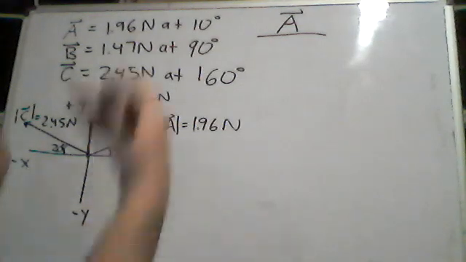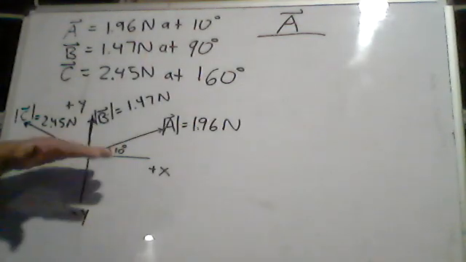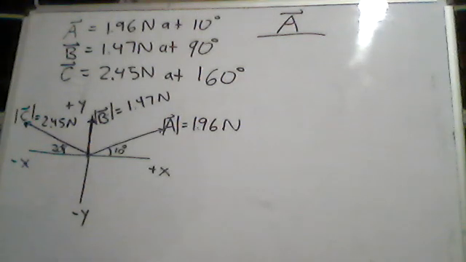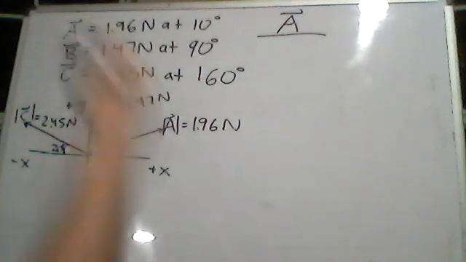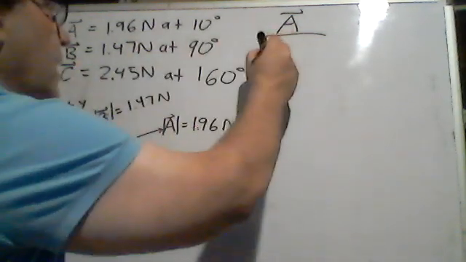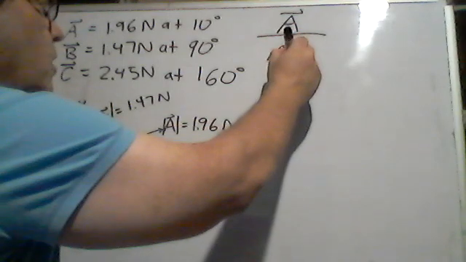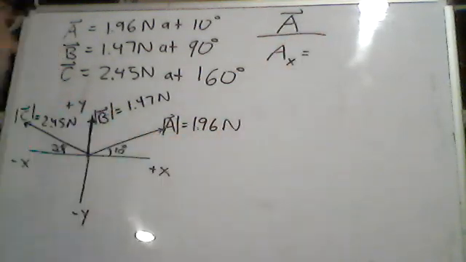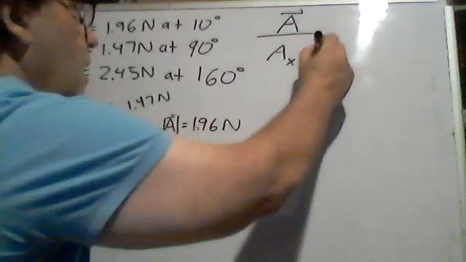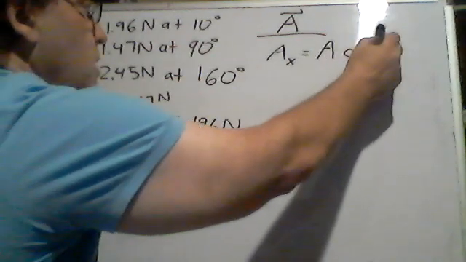and again, I'm going to go through the same mathematics as before. A sub x, A sub y, look at a local triangle. So I don't care about signs quite yet. And I would have realized that A sub x, again, I'm going to try to go a little faster as we progress in the class. A sub x is A cosine 10 degrees.